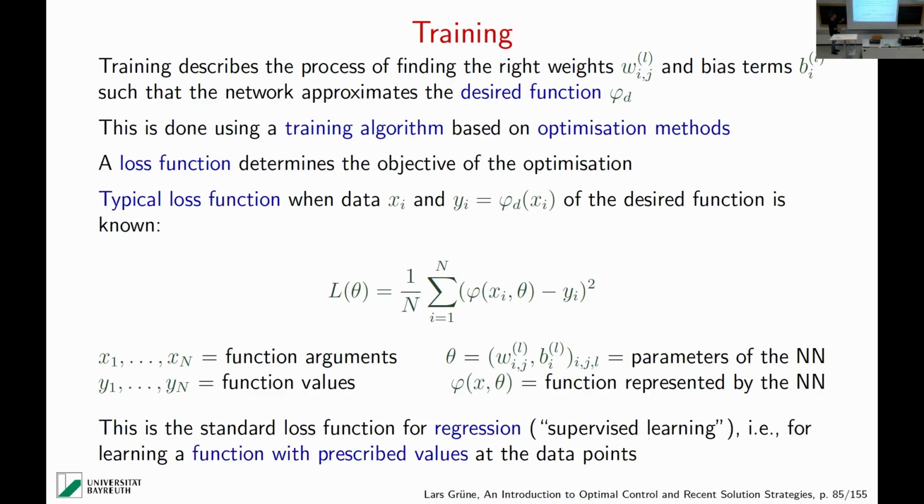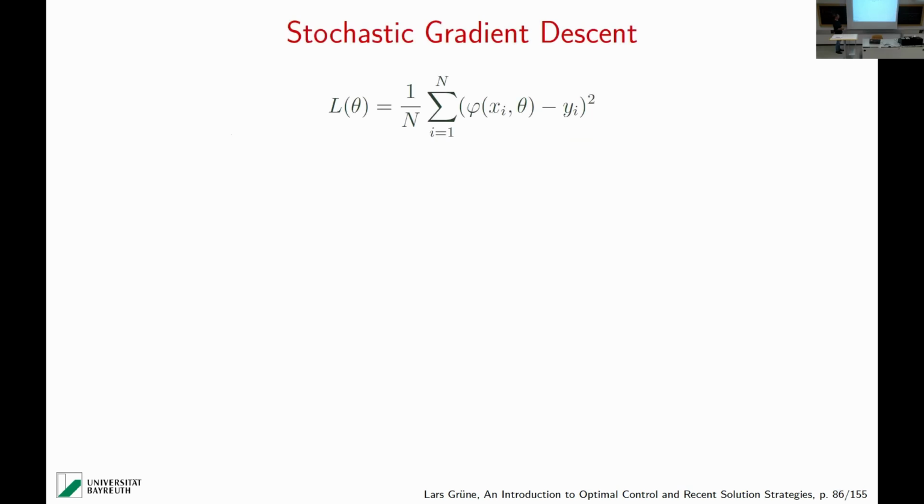Yeah, that's the standard loss function for regression or least squares. And in learning, you call this supervised learning. Supervised because you already know what the function is that you want to represent. So you kind of teach the network by showing them the values that you would like to have. Right? So learning a function with prescribed values at the data points.